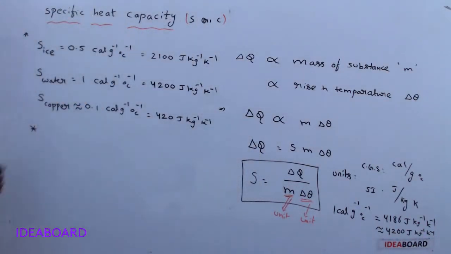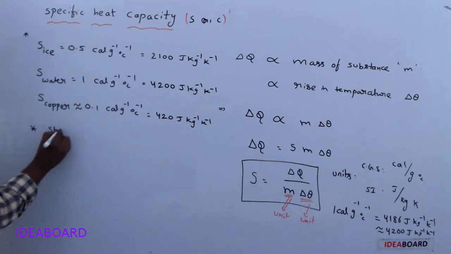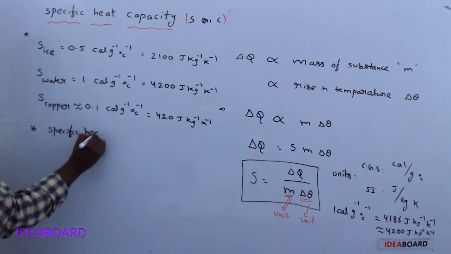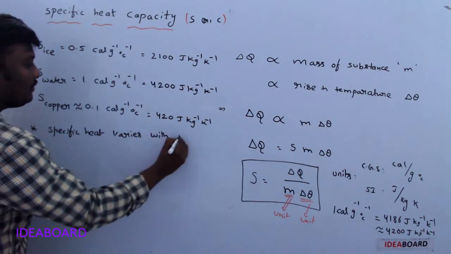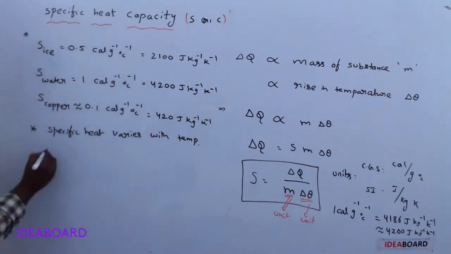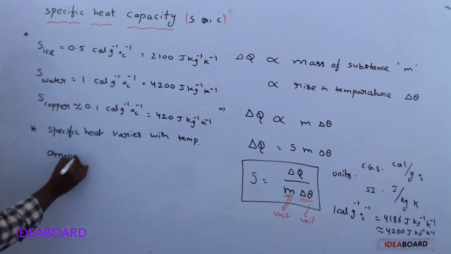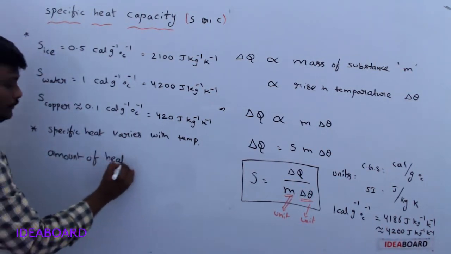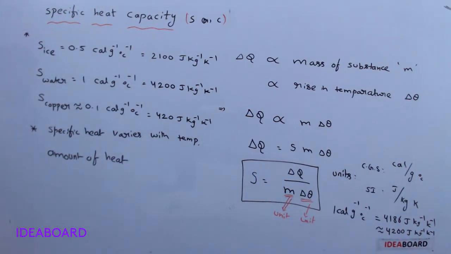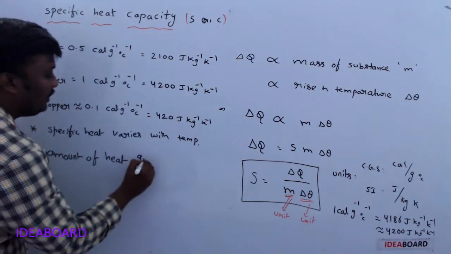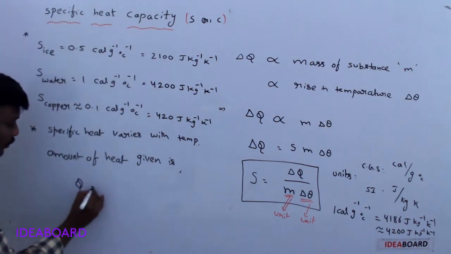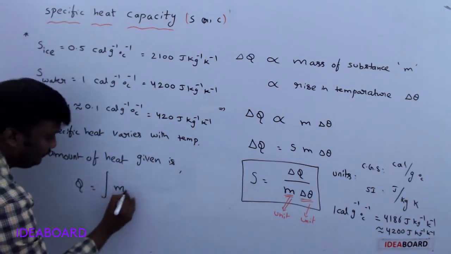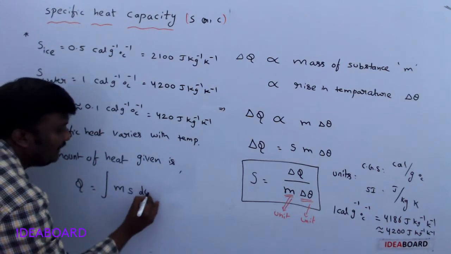Understand now. Next point, if the specific heat varies with temperature, then the amount of heat given is Q is equal to integral of m s d theta.